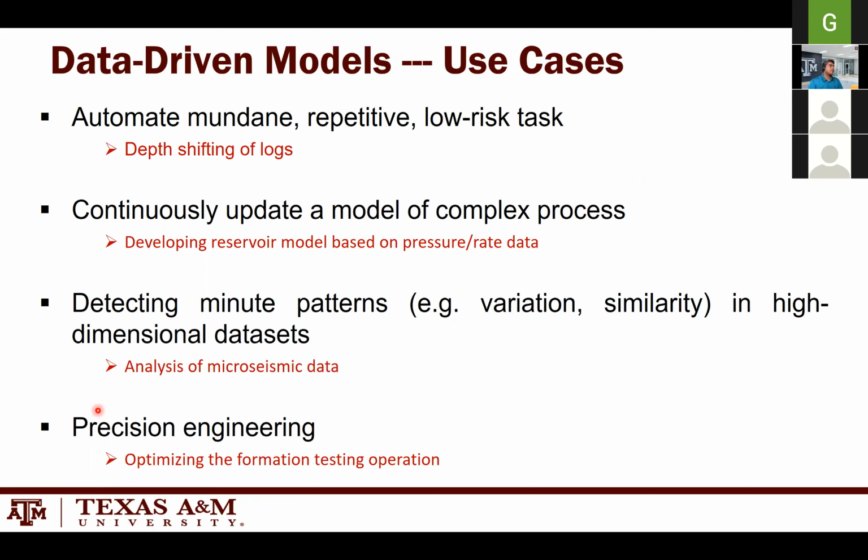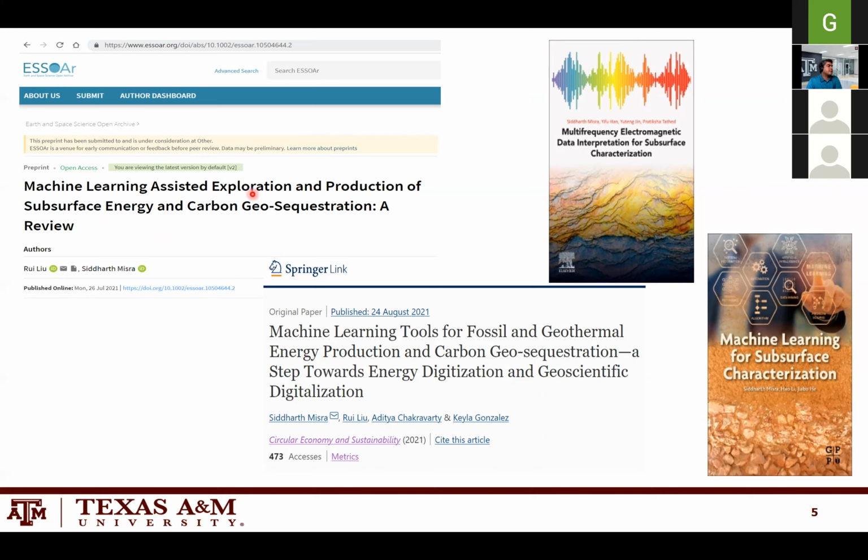With that, I will encourage all those who are here today to look at these two open archive papers. These are available for public consumption. You don't need to pay anything. So one is machine learning assisted exploration and production. It's a review paper. We have looked into how ML is used for different subsurface energy applications.